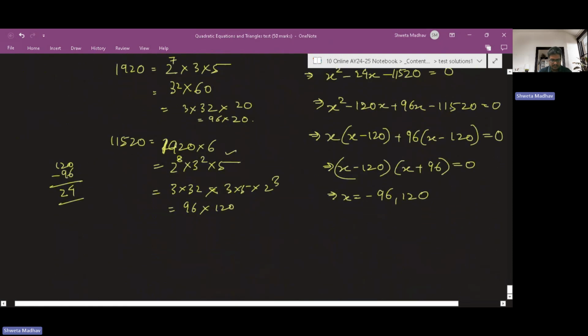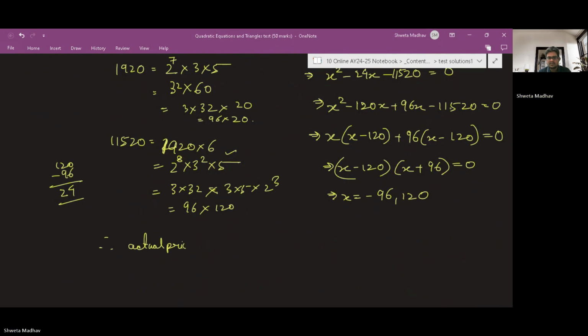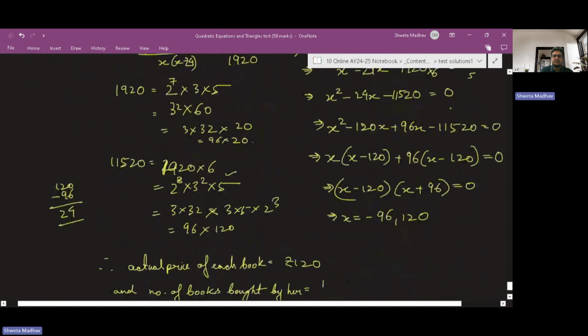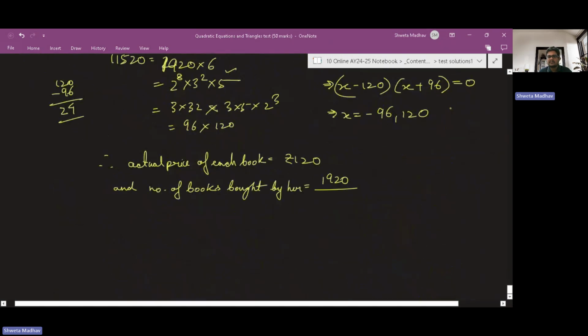Therefore the actual price of each book is rupees 120, and the number of books that she had bought is 1920 divided by x, that is 120.